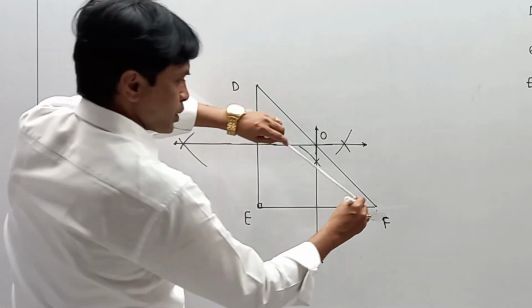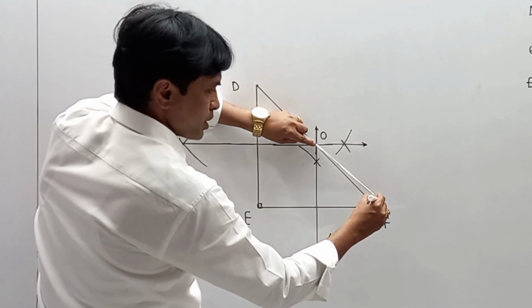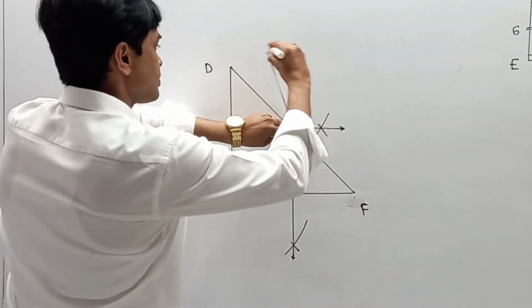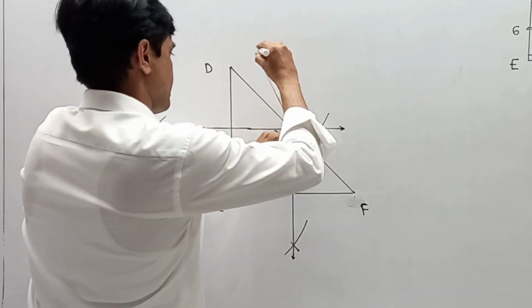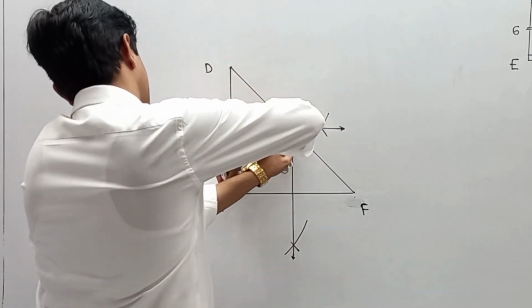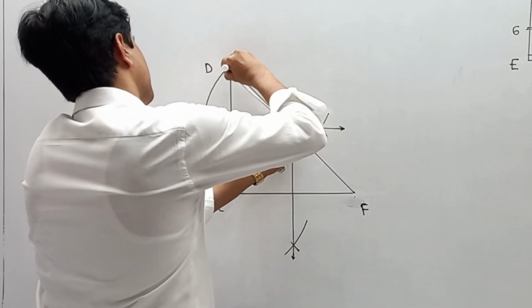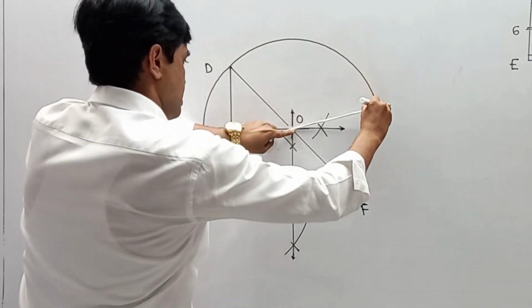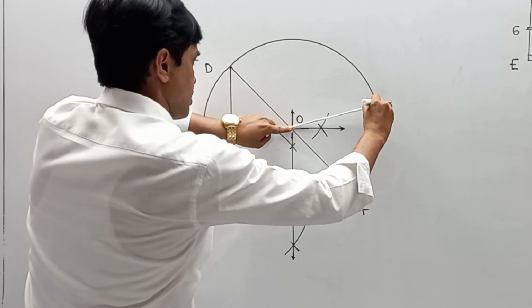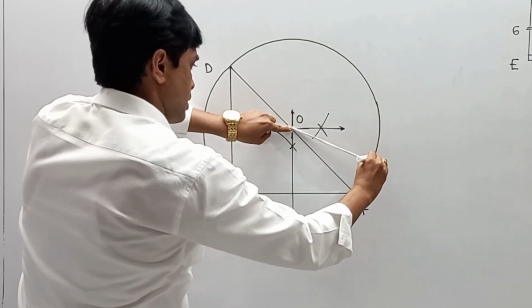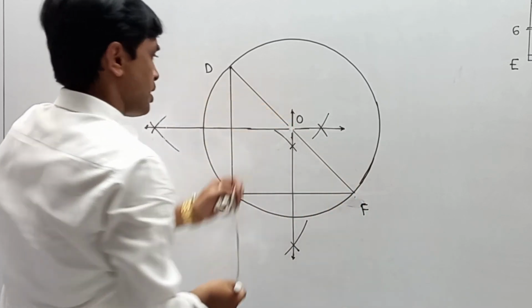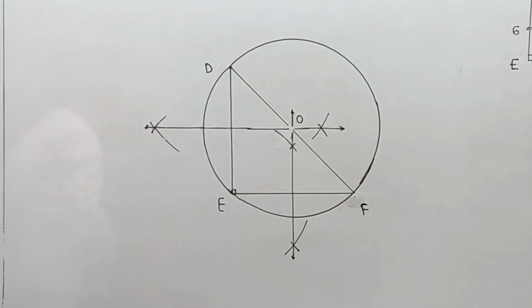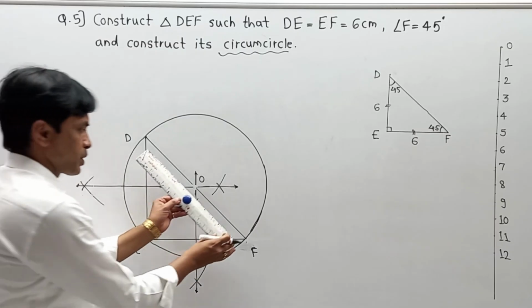So taking that respective radius, draw the respective circle, and in this way we are able to complete the diagram.